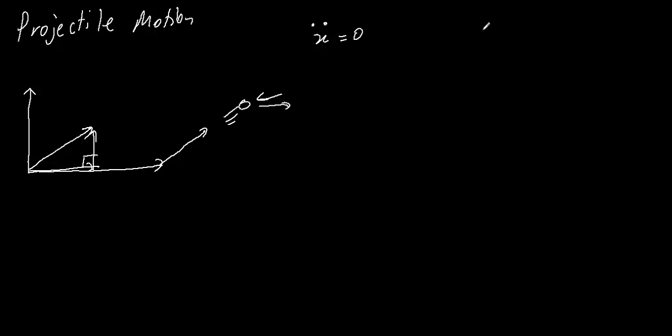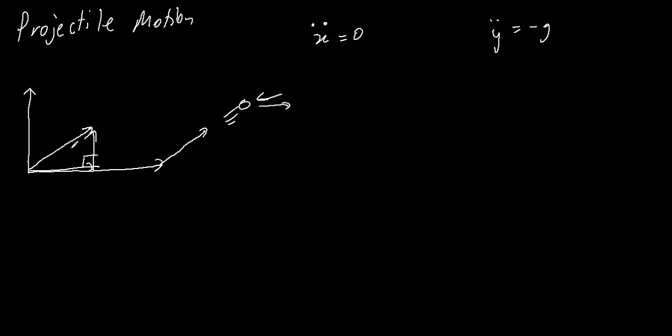The next one that I have is y double dot is equal to minus g. G is a constant like pi or e. They're just a number. Usually this is 9.8, but it can be approximated to 10. There's a negative sign, which indicates that usually we're taking the positive as up, so negative would be counted as down.